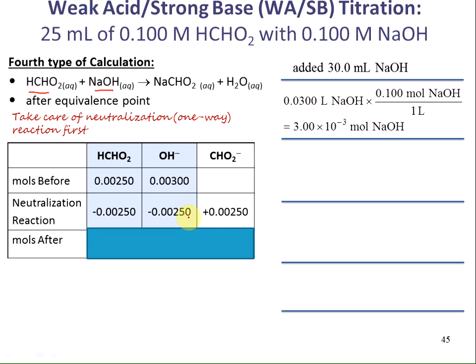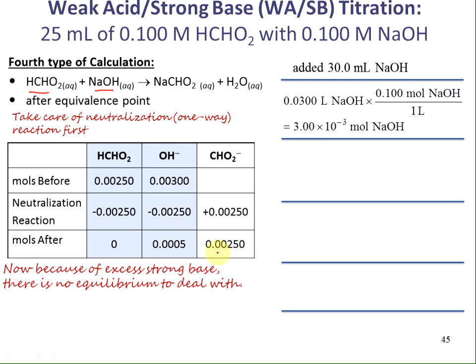And remember, the formic acid gets converted into the formate ion, so at this point we have 0.5 millimoles of the hydroxide ion left, and we have 2.5 millimoles of the formate ion. Now, because of the excess strong base, there's no equilibrium to deal with. The strong base is going to be so much more powerful than the formate ion that it's going to set the pH of the solution.